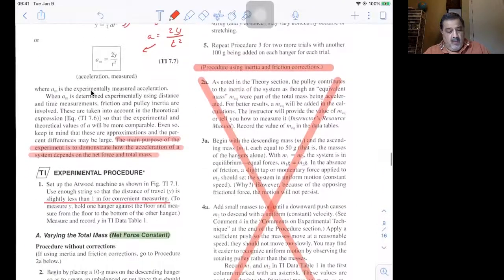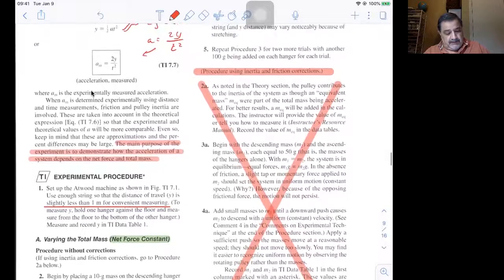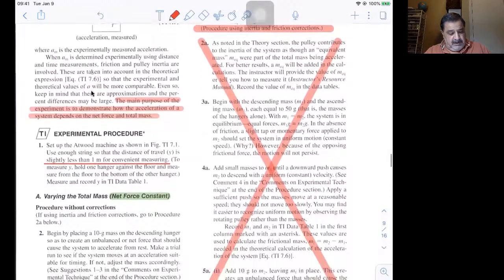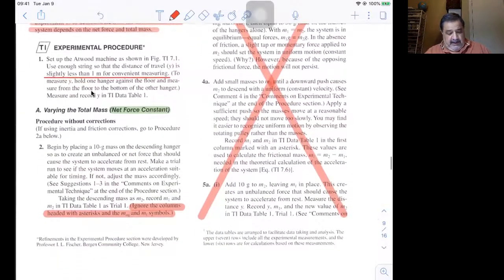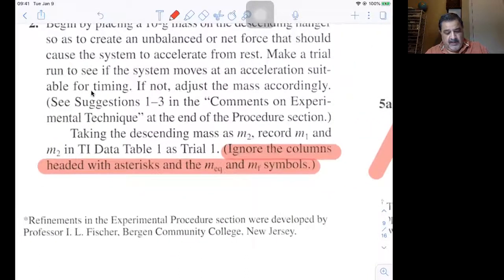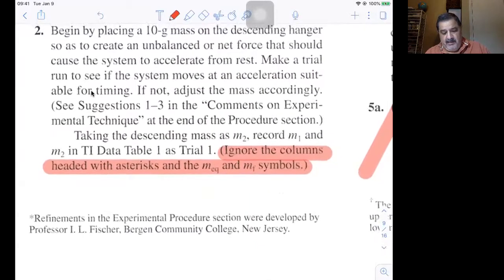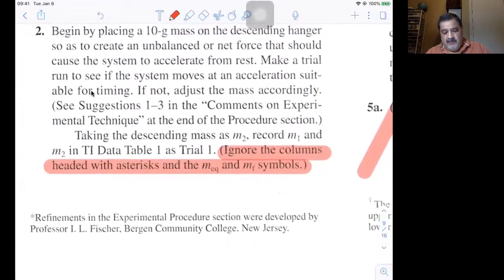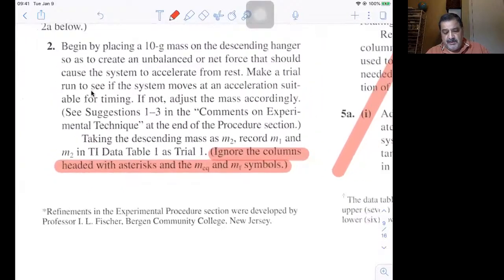And so anywhere where you see, ignore the columns headed with asterisks and the mass equivalent and the mass friction symbols.